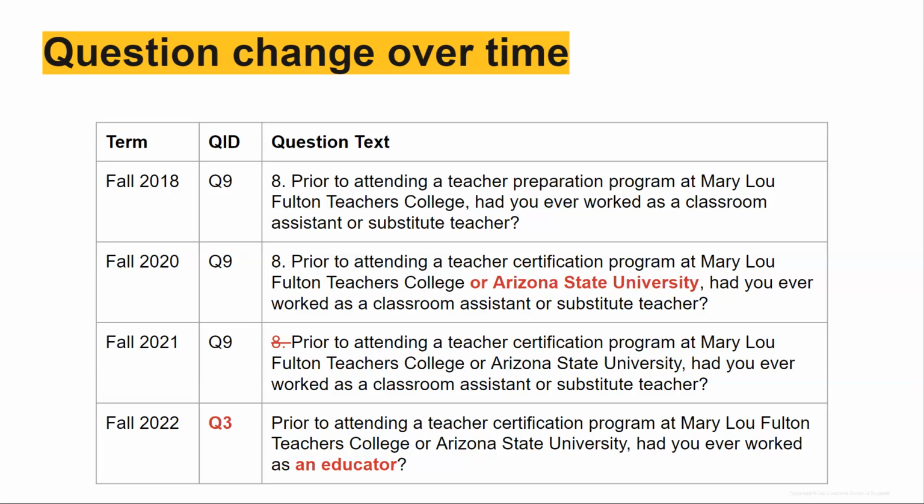So if I wanted to query the data and say, what were the responses on Q9 over time, it wouldn't find, I mean, we all agree this is basically the same question, right? They're getting at the same point, but because both the ID number and the question text changed over time, it was hard to pull all of those results together.